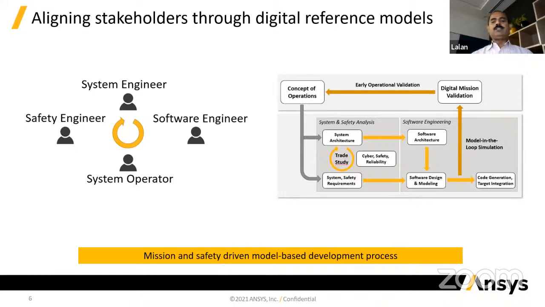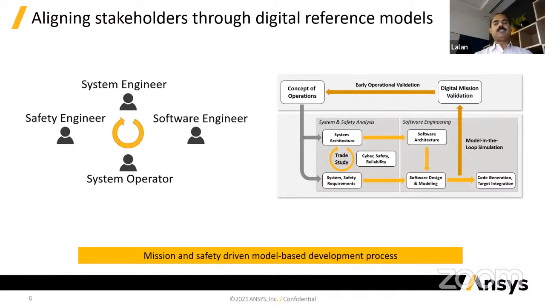Now, this team needs to collaborate throughout the entire product lifecycle, ensuring that they are all referencing the same data when they are making a decision or making any iteration during their product and operation decisions. And therefore, creating the digital thread using these different digital reference models is the key to success.